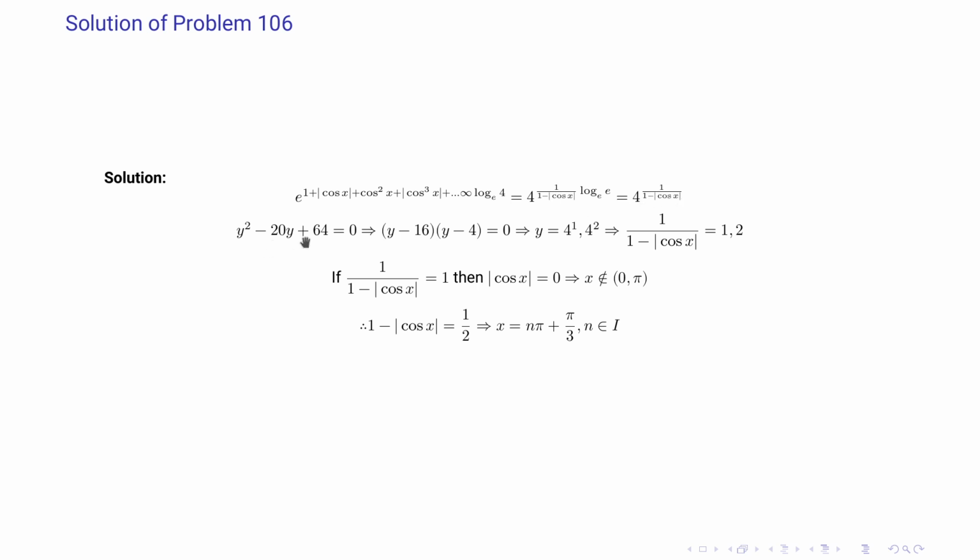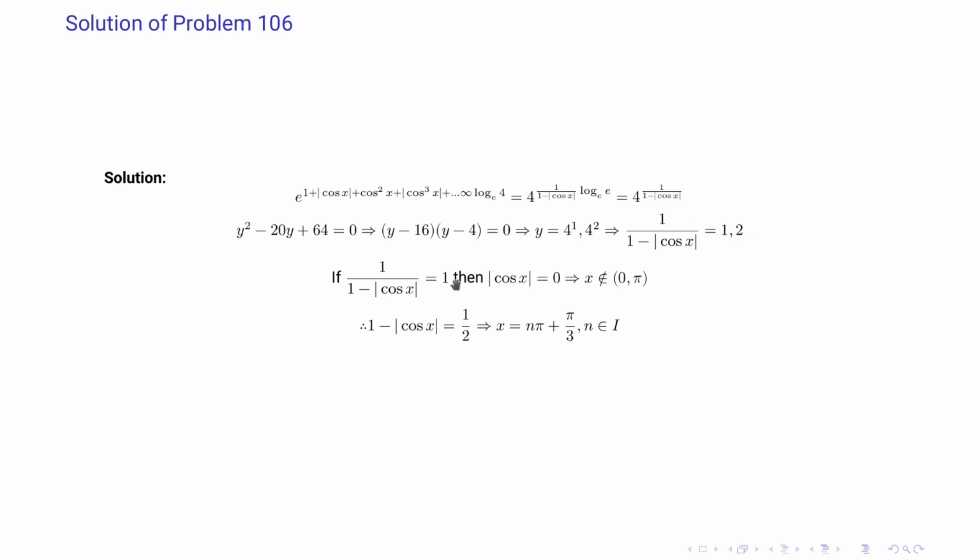Now y square minus 20y plus 64 is equal to 0 will yield two roots, that is y is equal to 4 and 16. So the power, when we compare, 1 by 1 minus modulus of cos x will be equal to 1 or 2.